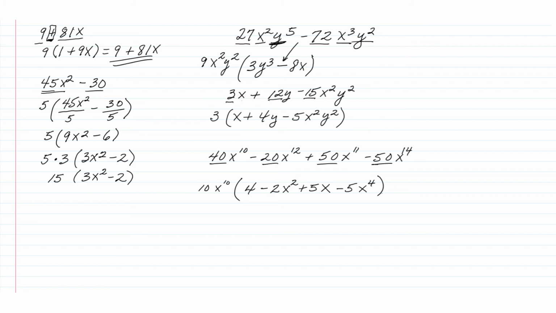Let's try another one. So if we had 30a to the 8th plus 6a to the 5th plus 27a cubed plus 21a squared. Well, let's see.